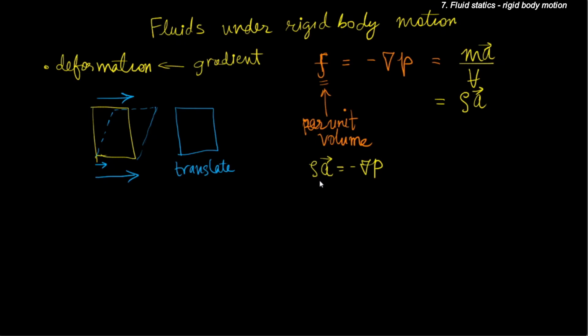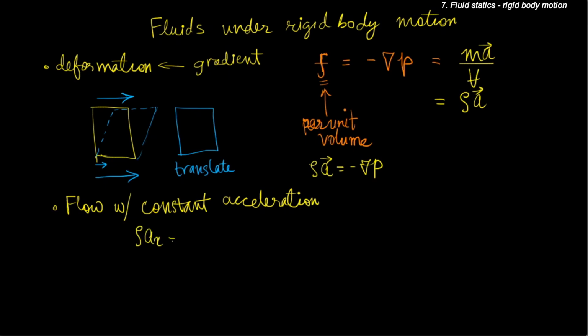Now let us consider a flow with a constant acceleration. So this would imply rho A_x is equal to minus del P del X. I'm just expanding this particular equation.